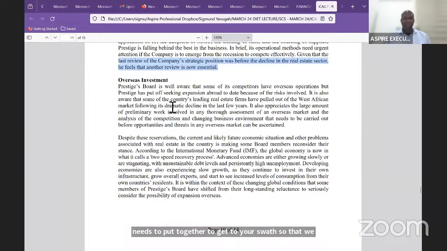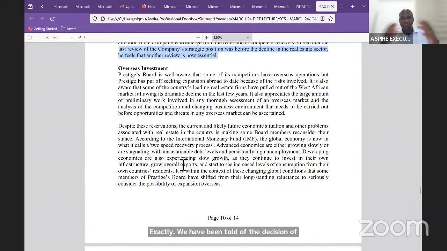We have been told of the decision of the company to go into some overseas investment, and they give you the fact that competitors who went there are even coming back because it's not easy out there. But despite that, there's an opportunity for us to also go there. And a lot of information has been given about the West African country that we could potentially go into.